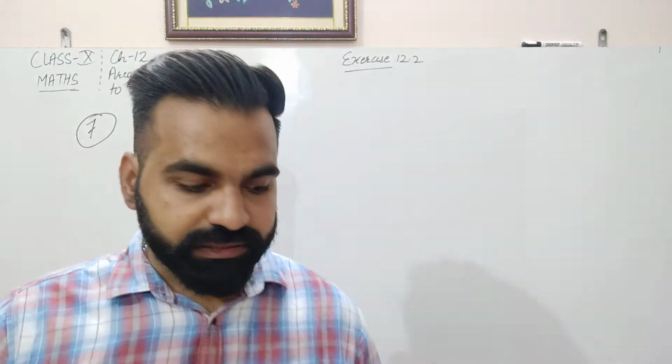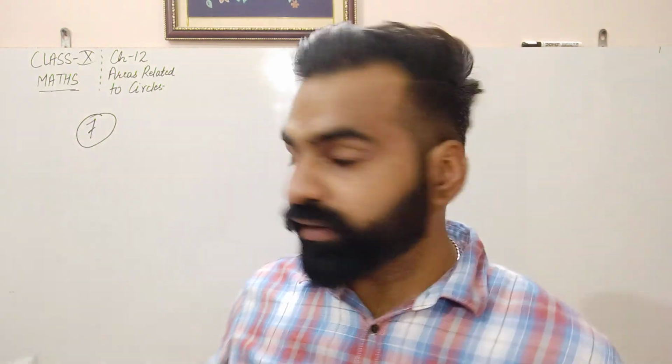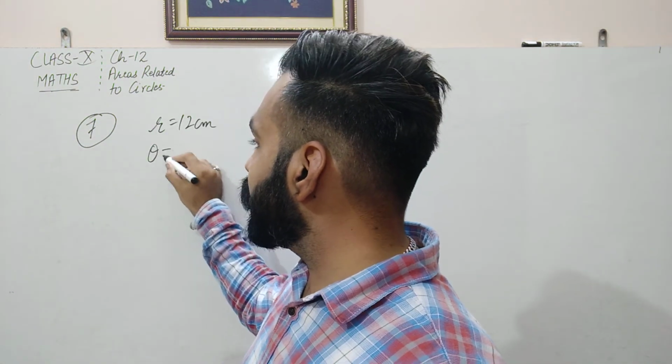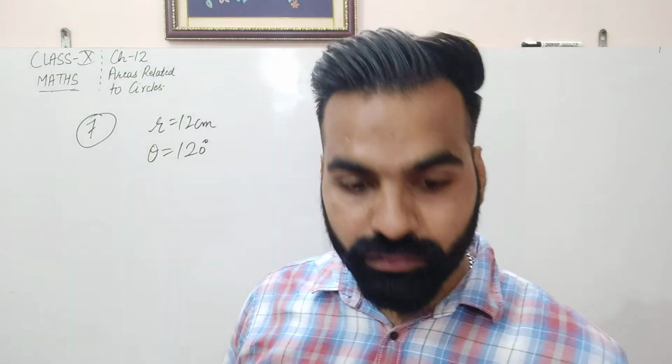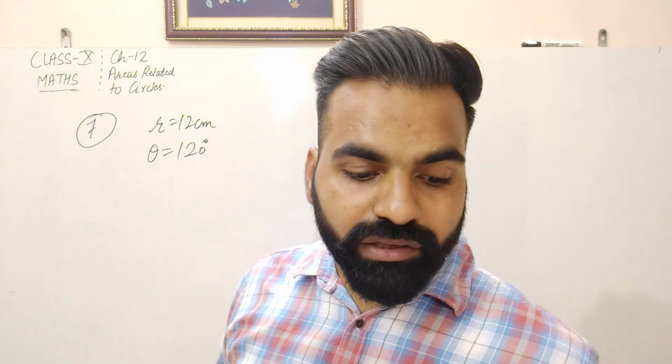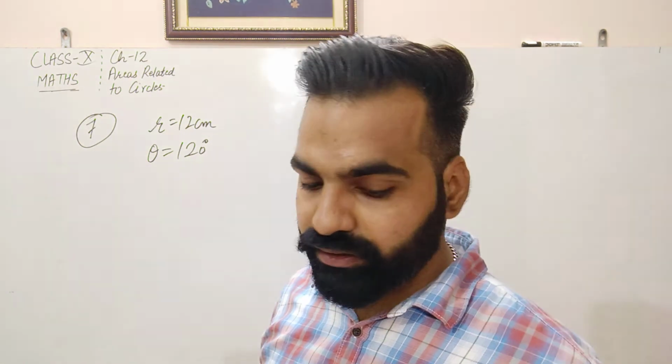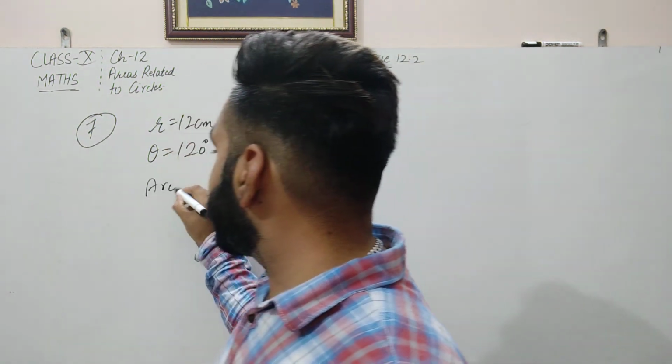Now question number 7. A chord of circle of radius 12 centimeter subtends angle of 120 degree at the center. Find the area of corresponding segment, that is the minor segment. Use pi 3.14 and root 3 is equal to 1.73. So what is area of minor segment?